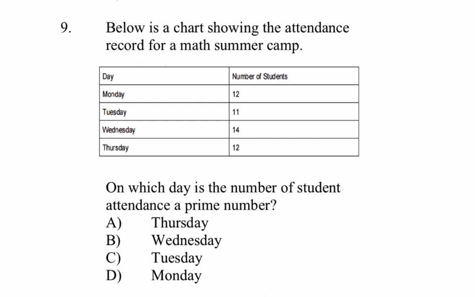So what does a prime number mean? Examples of prime numbers are 2, 3, 5, 7, 11. A prime number is a number which has just two factors, 1 and itself. So look, this one is a prime number. So the answer is C.